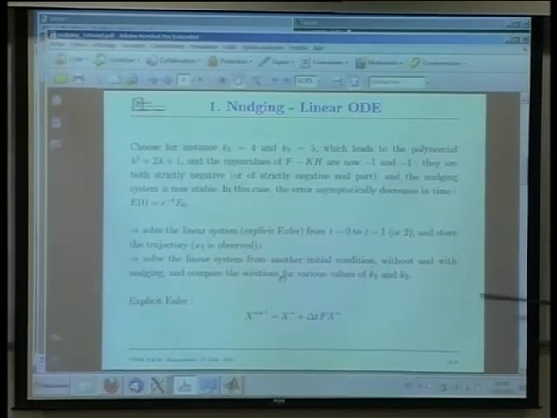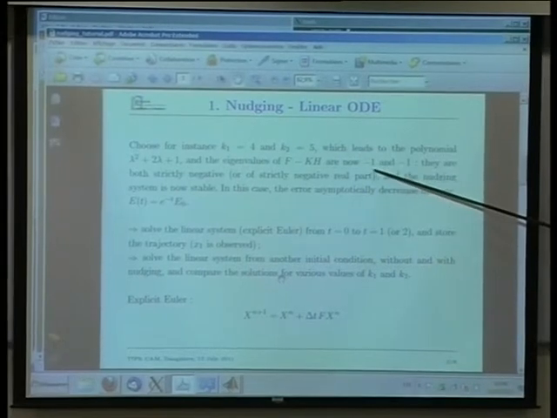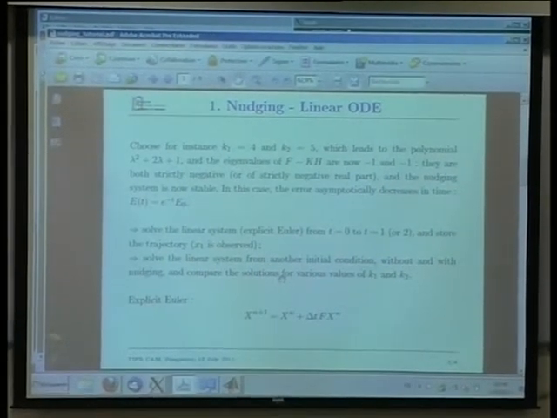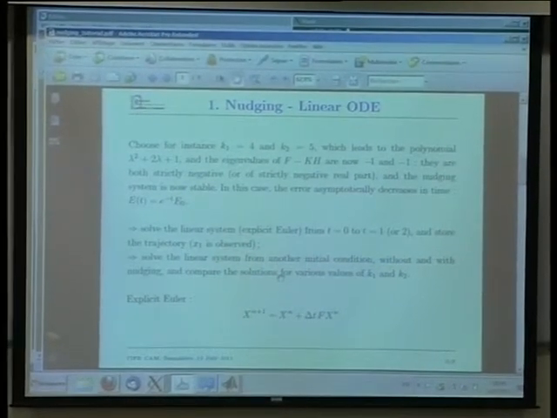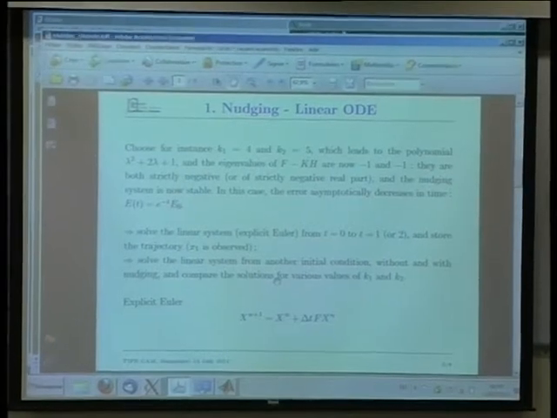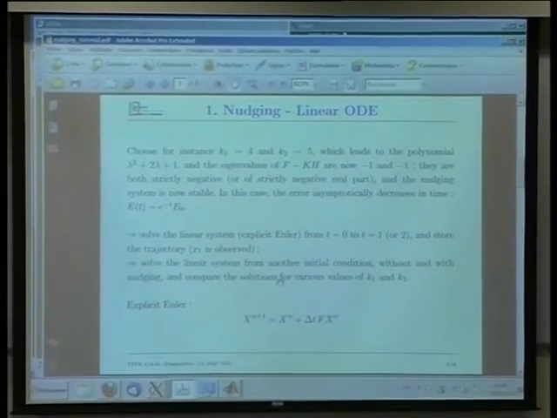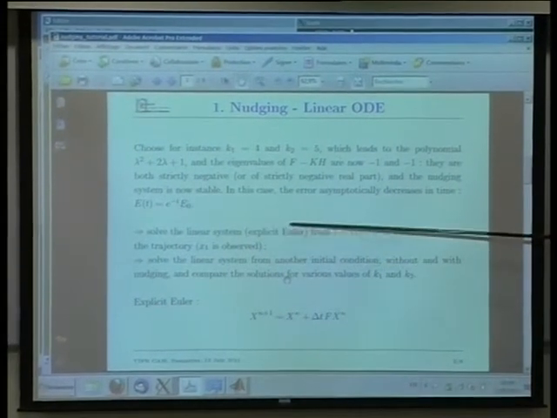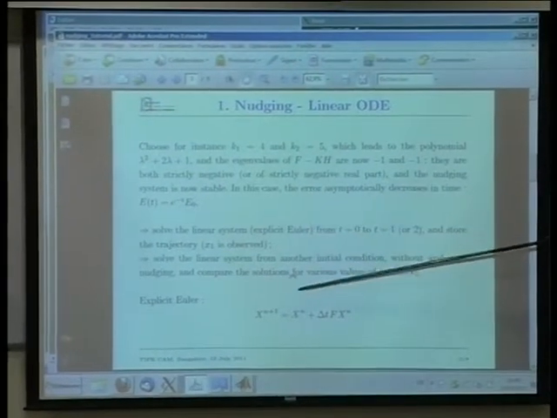And then we have seen that, for instance, we can choose K equal to 4 and 5, which leads to -1 for the eigenvalues, and then it's stable. So the idea is that, probably for the best of you, the one who knows MATLAB perfectly, you can try to first solve the linear system using, for instance, the explicit Euler scheme.